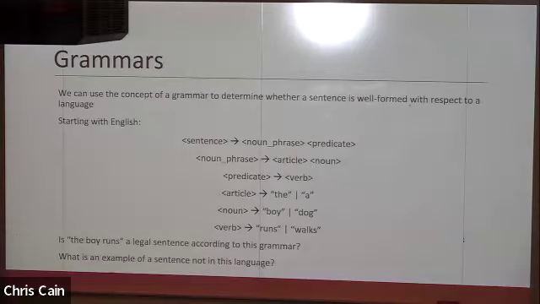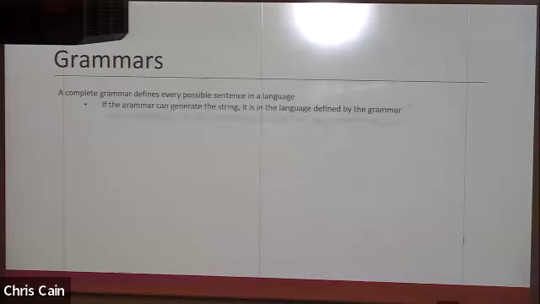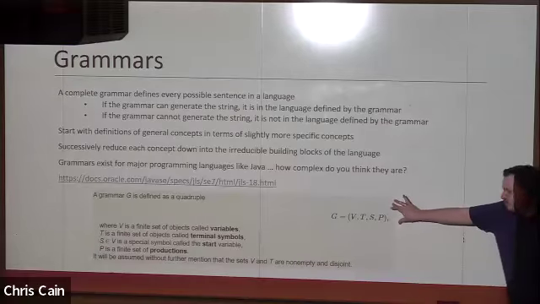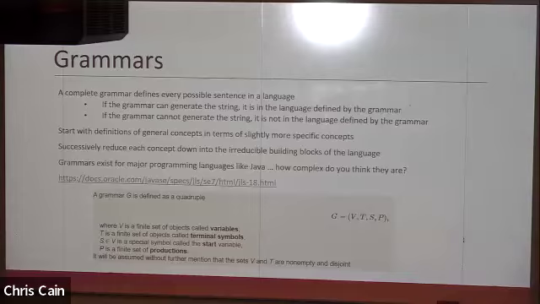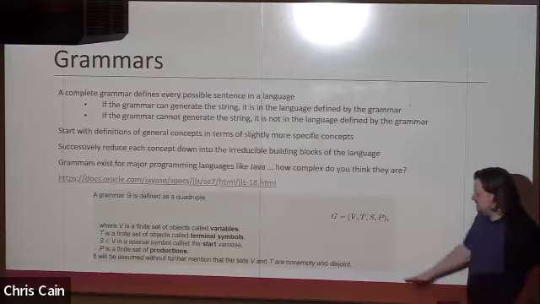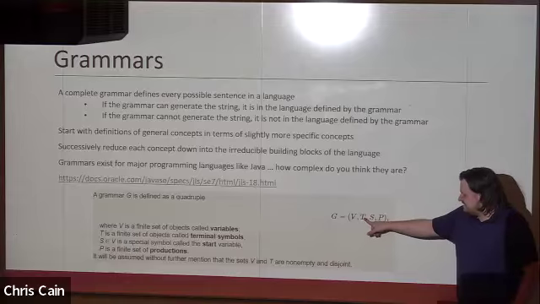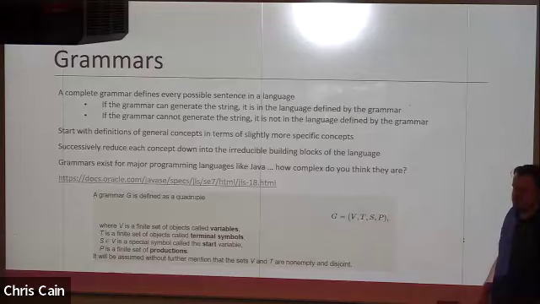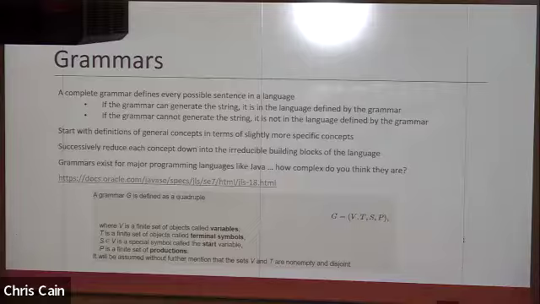Those are all of your productions. So if you can define that quadruple, then you have the definition of a grammar. And again, if you're doing this programmatically, this is a set, this is a set, this is a single string, and then this would be a set. Thoughts on this? Questions, clarifications?